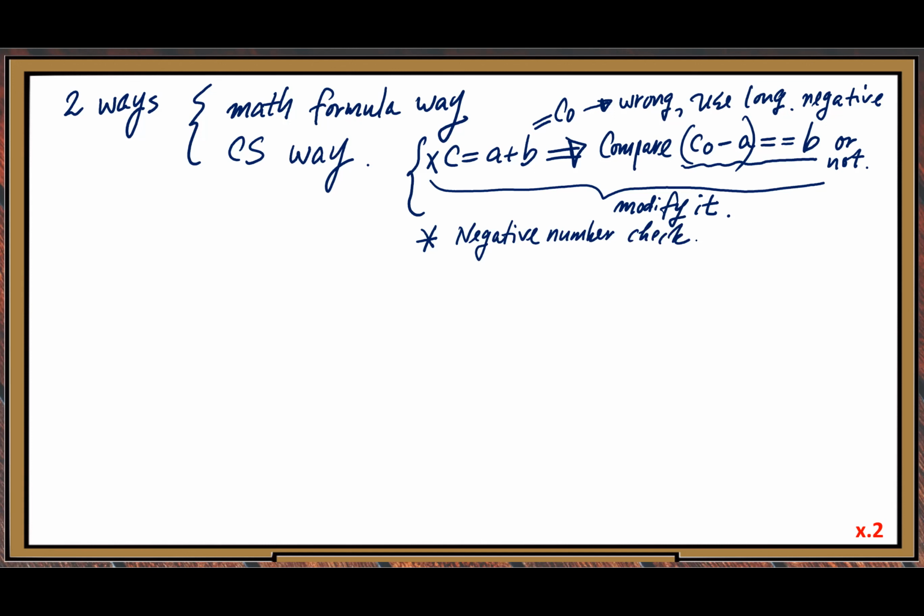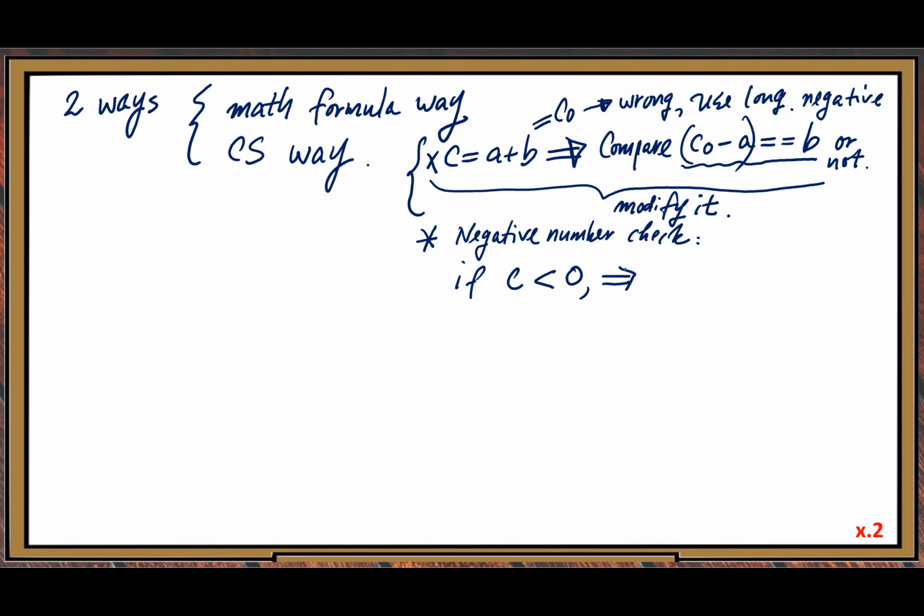If C, whatever C you get, C equals A plus B, if C less than 0, we know it's impossible, right?